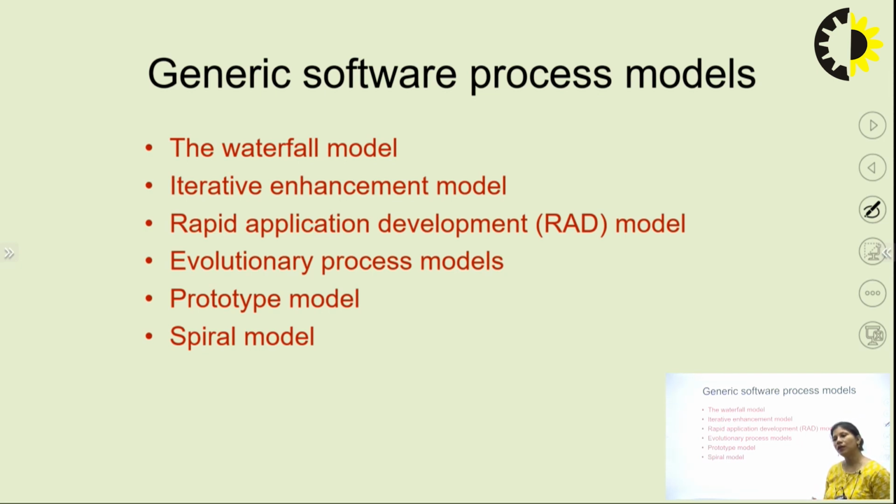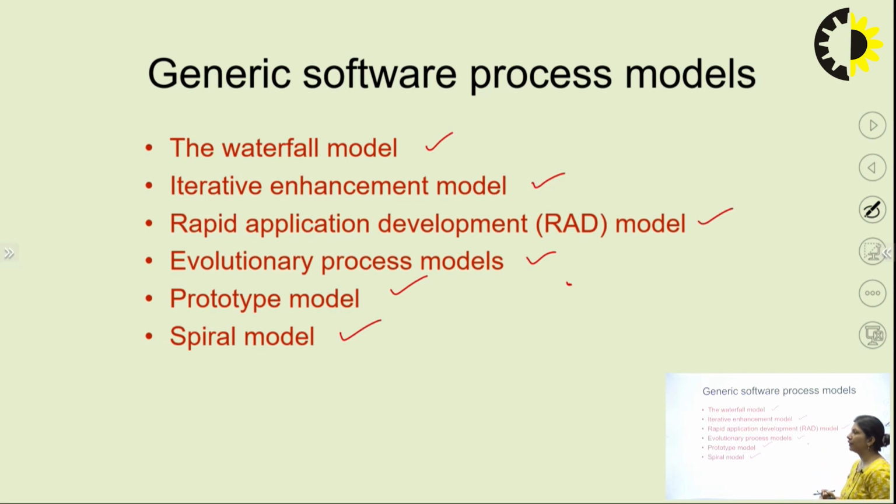These include the waterfall model, which is the basic classical model for every kind of model. Then the iterative enhancement model, then the rapid application development model, then the evolutionary model, after that the prototype model, and then the spiral model. And this spiral model specifically works on risk management.